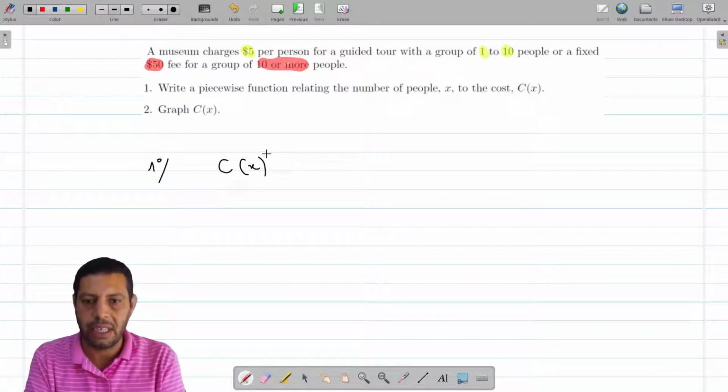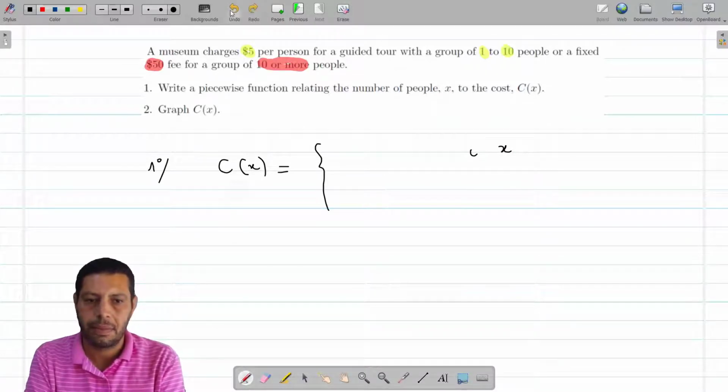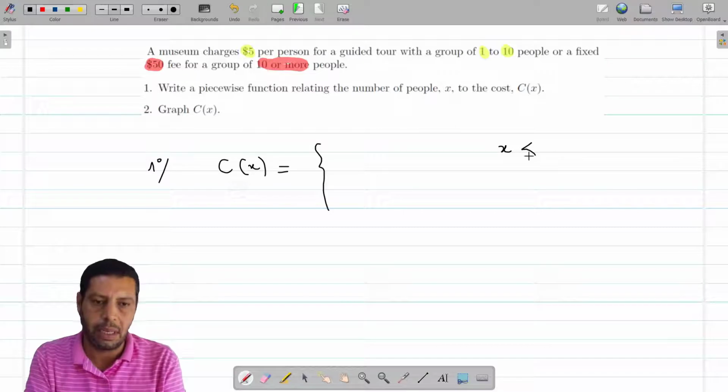So we'll differentiate these two cases. The c of x will be equal to, we'll find the expression later, but we have two intervals at least for x. If x is between 1 and 10, and for x greater than 10.